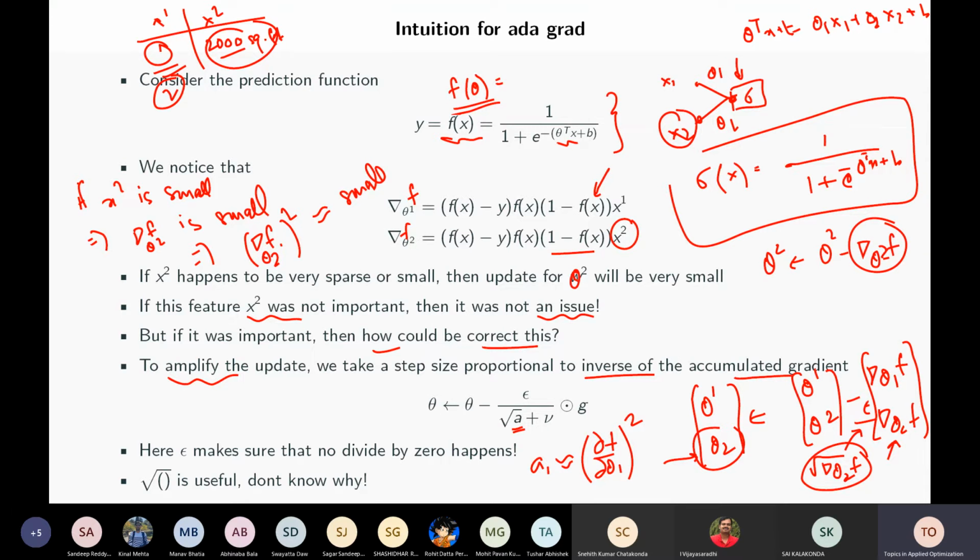Then you may go ahead with AdaGrad to reinforce your model in a way that smaller values are not ignored. Okay, so that's the intuition, again, for why one may want to use AdaGrad. And as I said, the previous intuition also obviously holds here. So there are two added benefits of AdaGrad here: the previous reasoning, and also the cases where you have very small values in the feature.